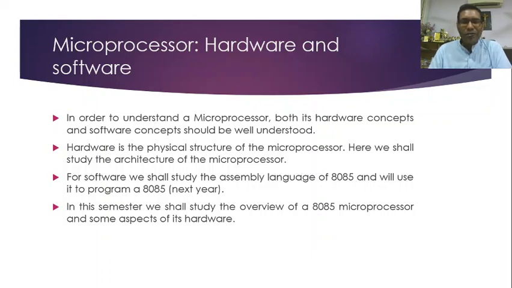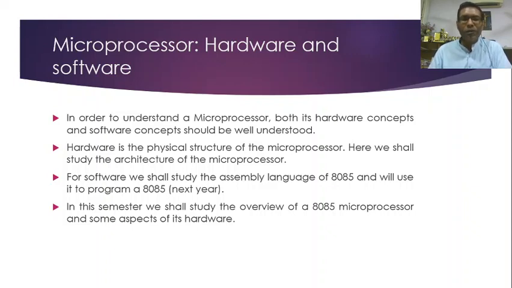Microprocessor consists of two elements. One is the hardware and second is the software. And in order to understand a microprocessor well, we should understand both its hardware and software. By hardware, what do we mean? By hardware, we mean the physical structure of the microprocessor, the architecture of the microprocessor, what is inside the microprocessor.